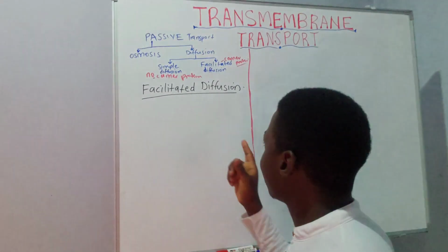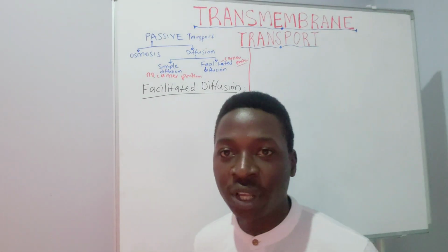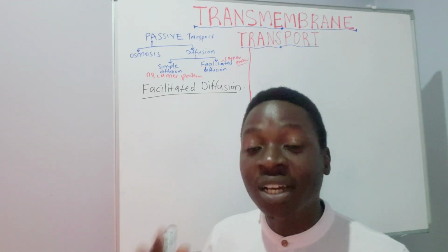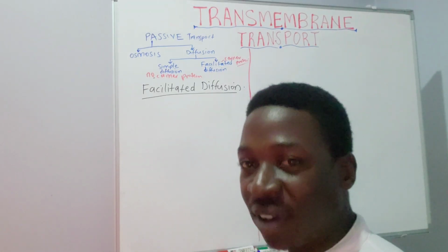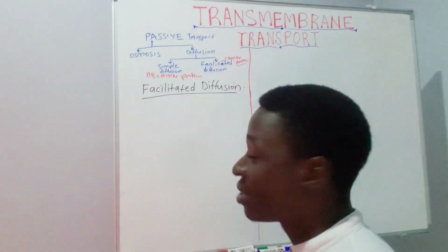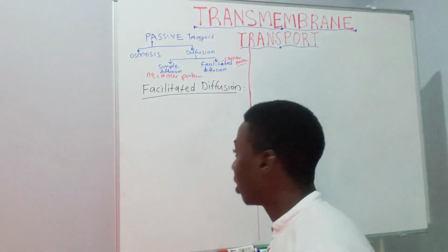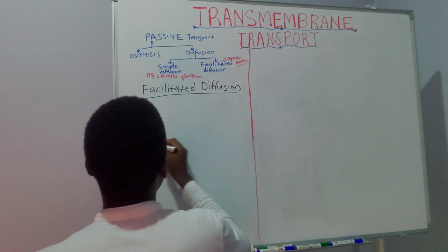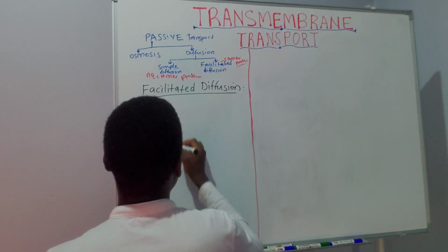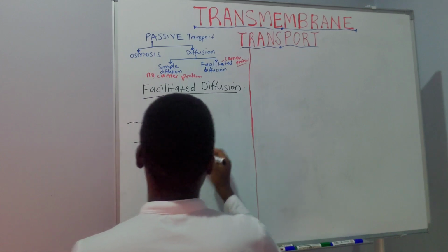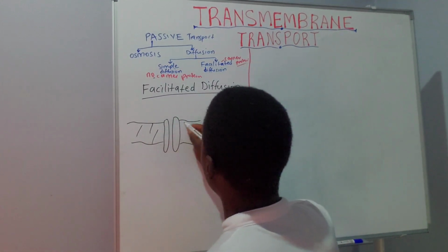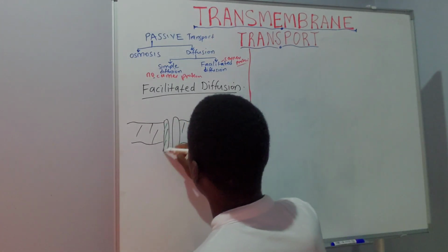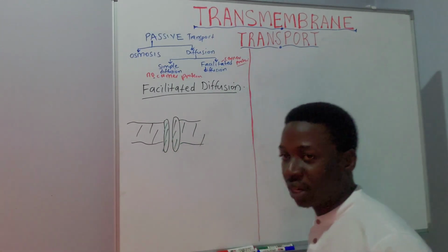Facilitated diffusion is the movement of molecules across the cell membrane with the aid of a carrier protein, which means the molecule needs assistance to move through the cell membrane. For example, if this is our cell membrane, these channels here are our carrier proteins.